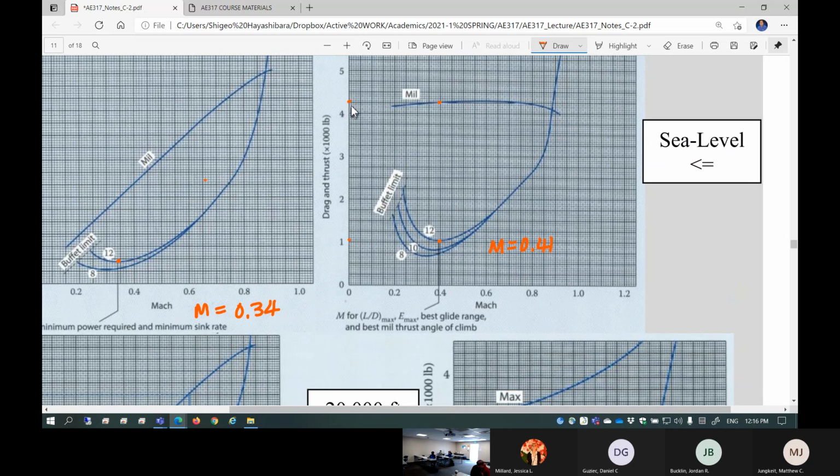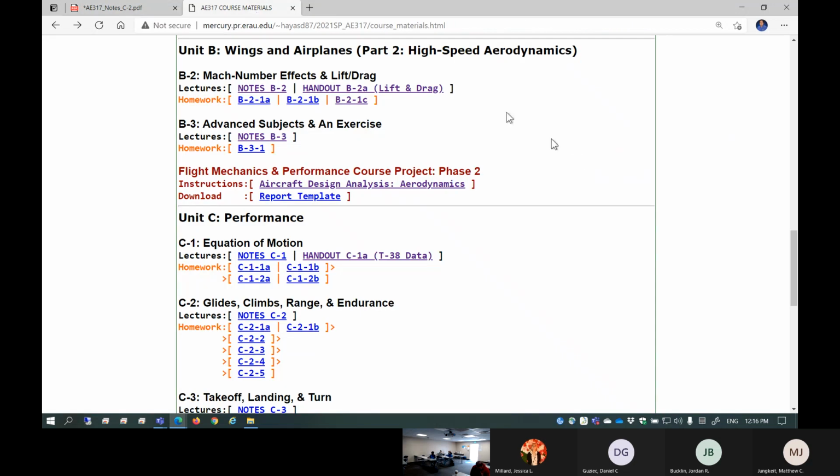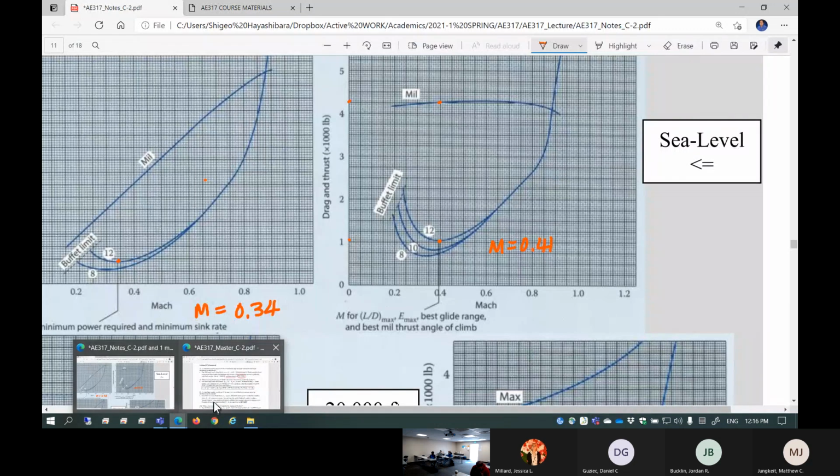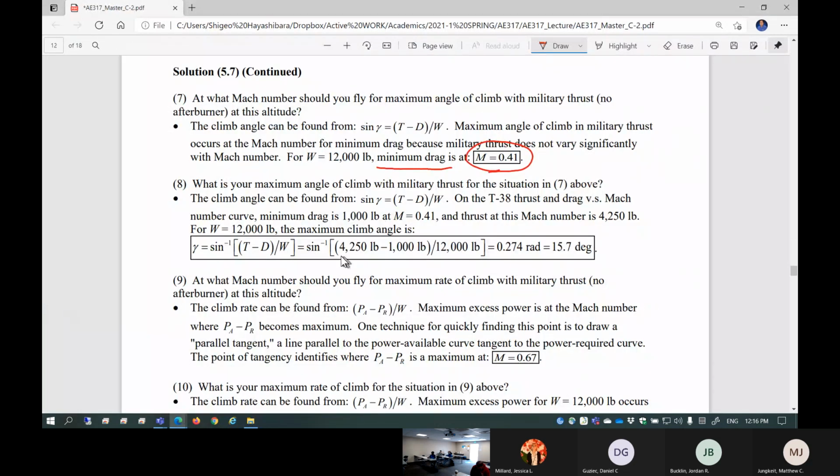This is like 4,250 pounds. Yeah, 4,250 pounds thrust available. Subtract thrust required, or drag, 1,000 pounds. This is a minimum value divided by the weight of the airplane, taking the inverse sine. This is going to give you the maximum angle of climb, 15.7 degrees. Here we go. Get that?